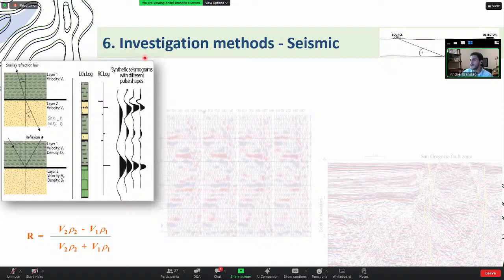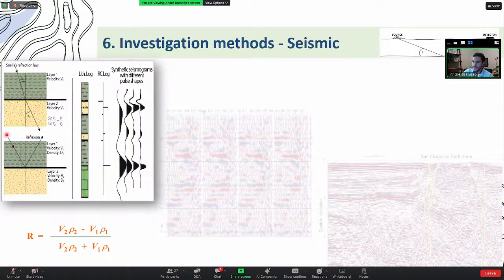basically seismic investigation is based on two things. On a wave, when it propagates below the ground, firstly there is a refraction when it reaches a boundary between layers of different densities, where basically the velocity of the wave propagation changes.